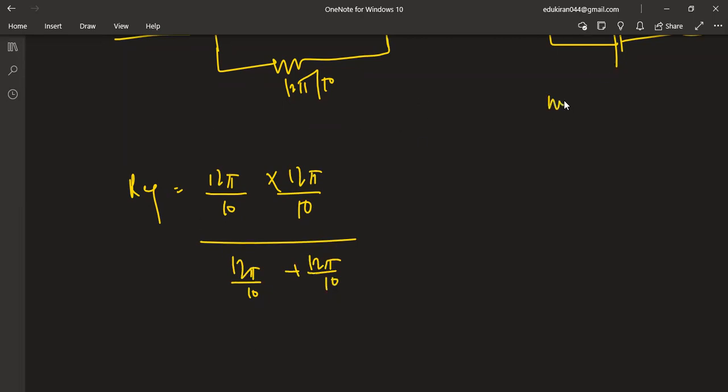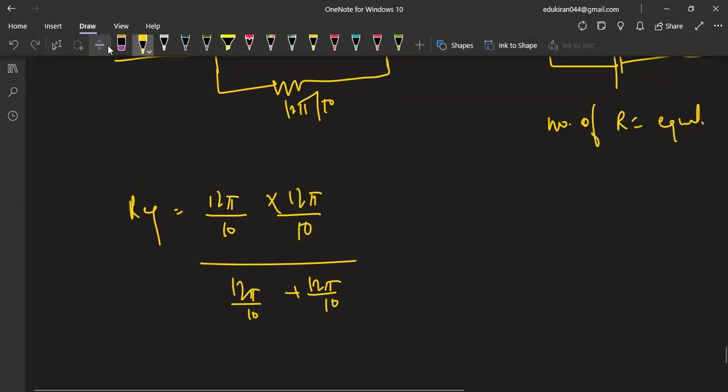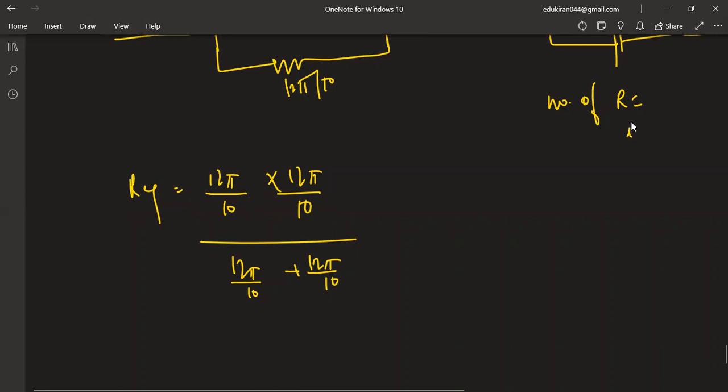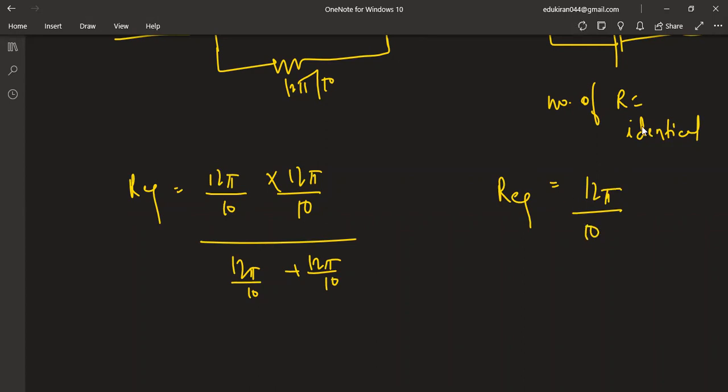If the resistors are identical, not necessarily equal, then equivalent resistance is given by resistance divided by the number of resistors.